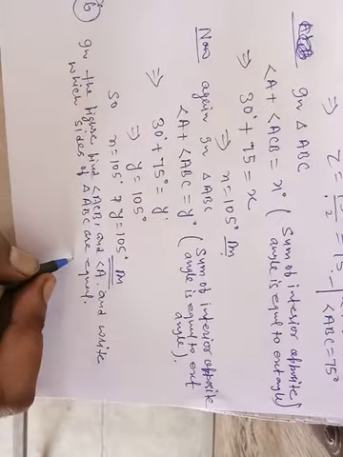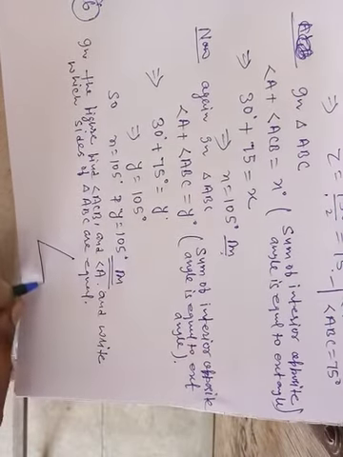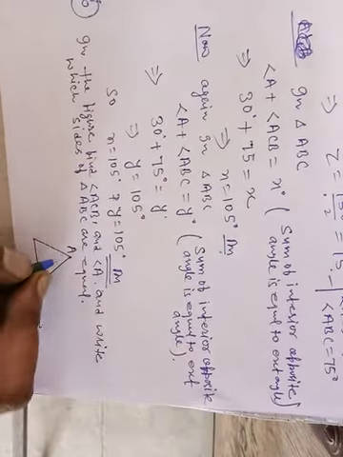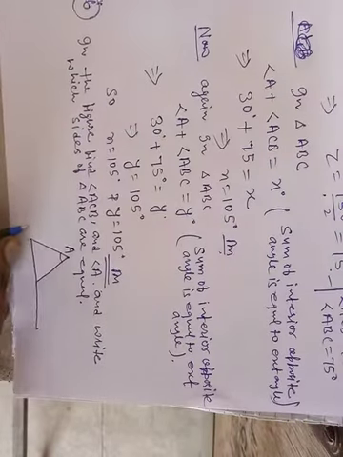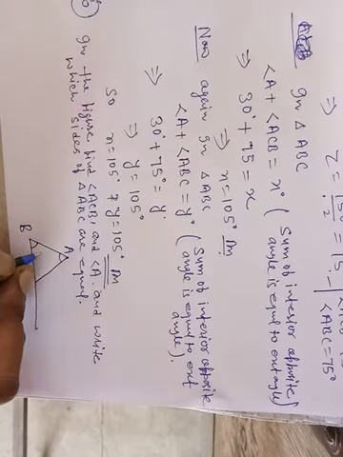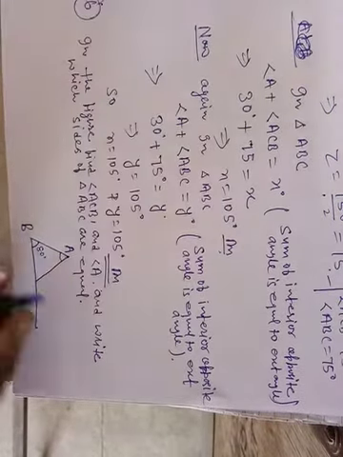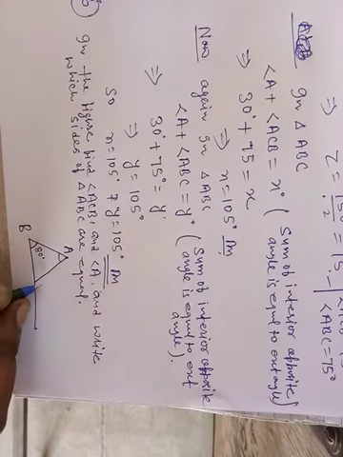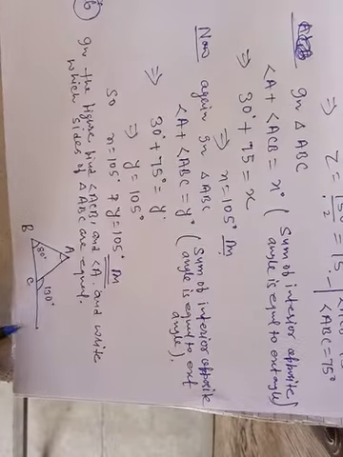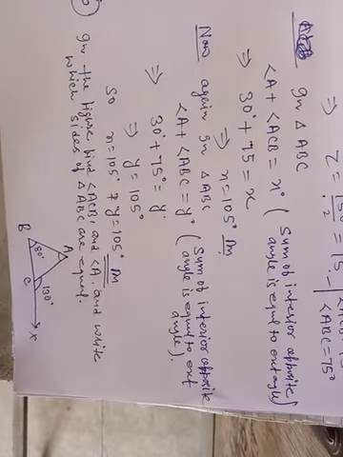Here the figure is: this is the angle A, this is the angle B, this is not given, this is 80 degree and this angle is 130 degree, and the vertex is C. Name this point X.